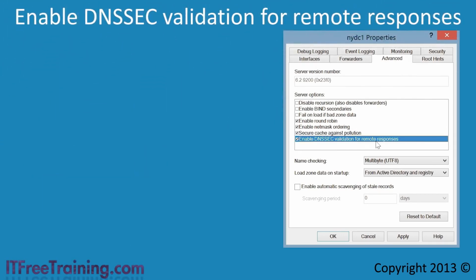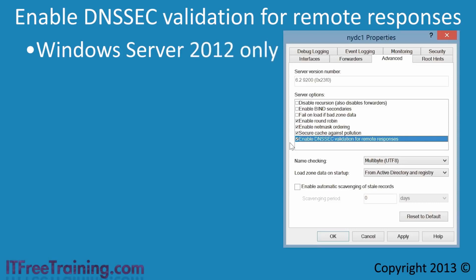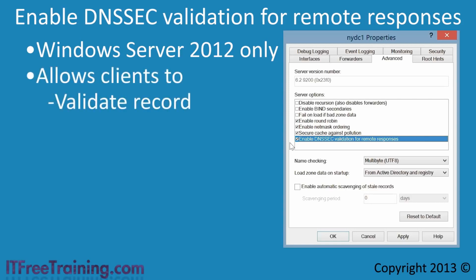The last option that I will look at is Enable DNSSEC validation from remote responses. This option is only available on Windows Server 2012 and is enabled by default. DNSSEC is a system that allows a client to validate a DNS record. This essentially means that the client can check the DNS record returned by the DNS to ensure that it has not been tampered with.